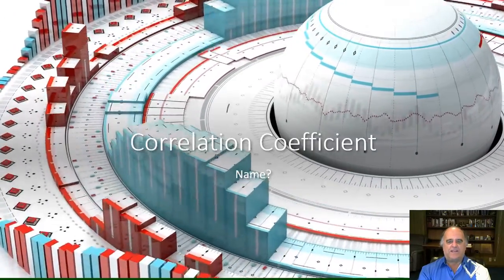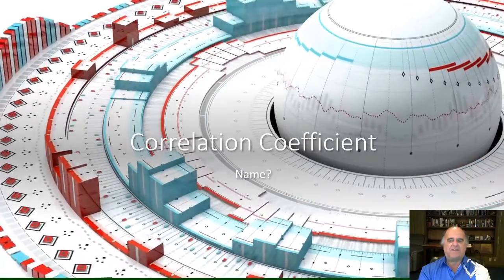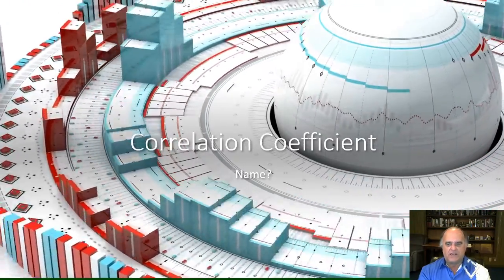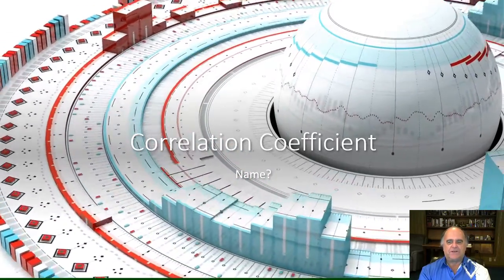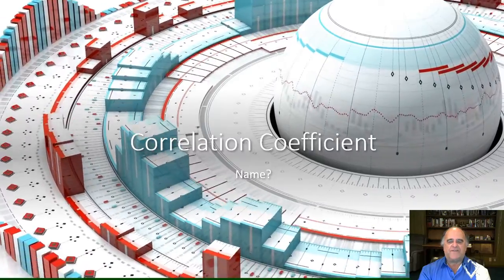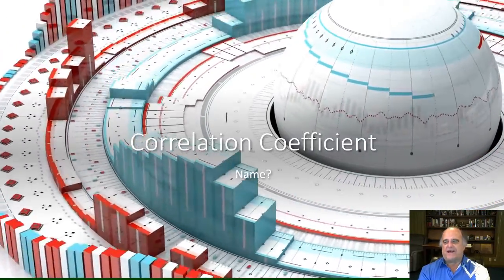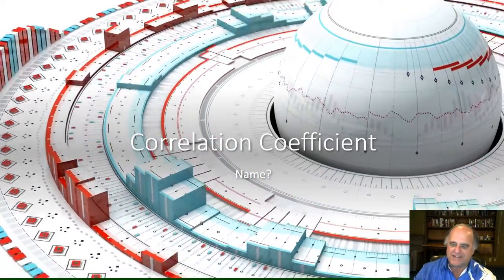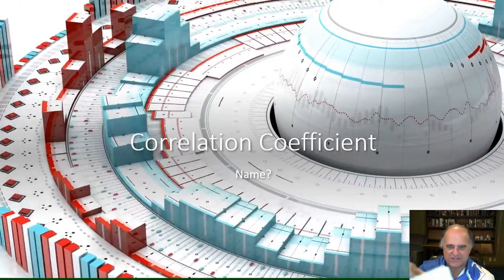Okay, the correlation coefficient then. Again, it has a very specific name. The correlation coefficient we usually use is called the Pearson product moment correlation coefficient. Interestingly enough, we usually don't use its full name. It's sort of like tissue. We just call it Kleenex. Actually, this is Kleenex. So tissue we call Kleenex, or Kleenex we call tissue.